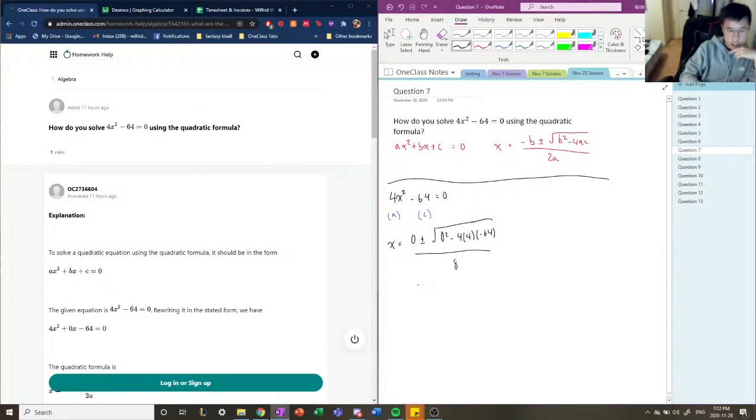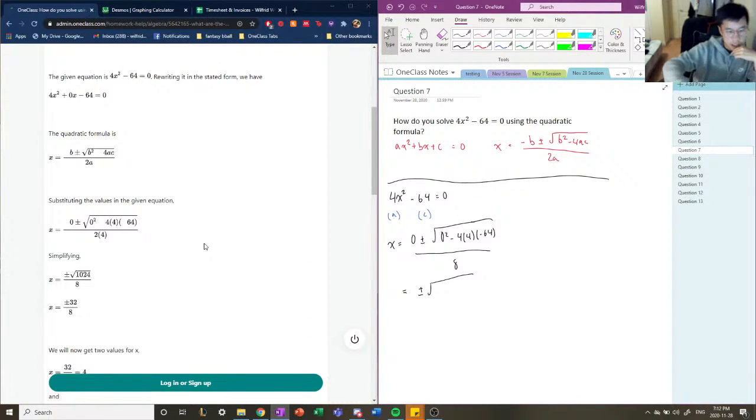Okay, so if we simplify this, we have plus or minus the root of 16 times 64, which is the root of 1024, divided by 8.